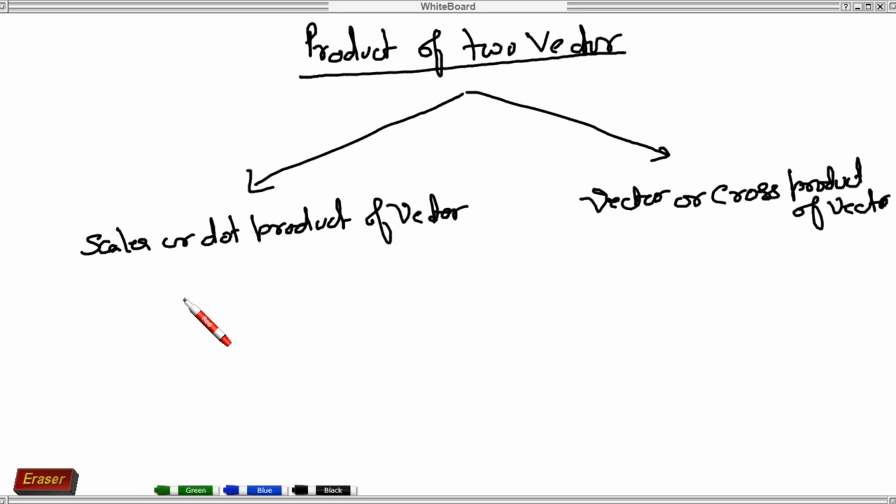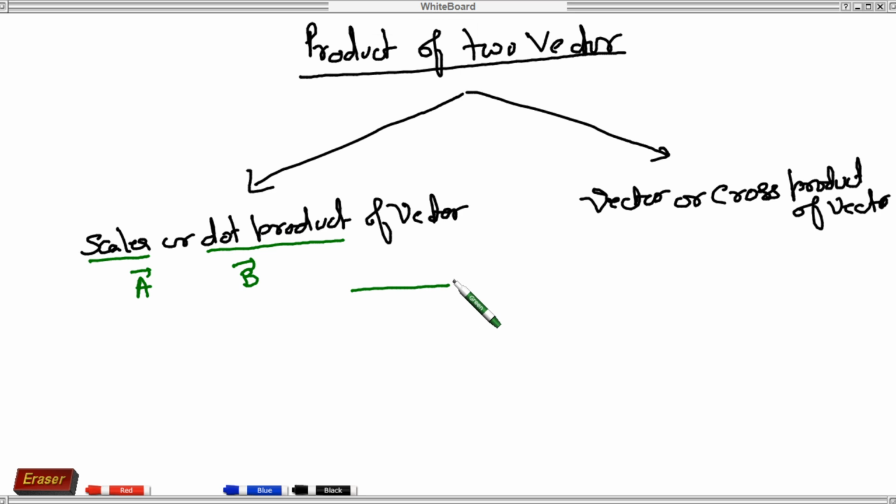What it means here is, like I wrote here, dot product, scalar or dot product of vector. Suppose we have a vector a and we have a vector b.